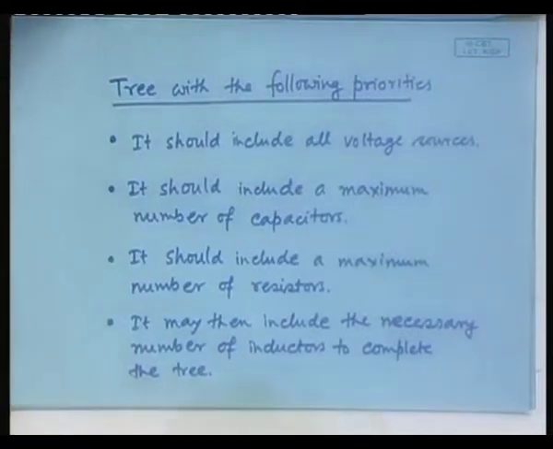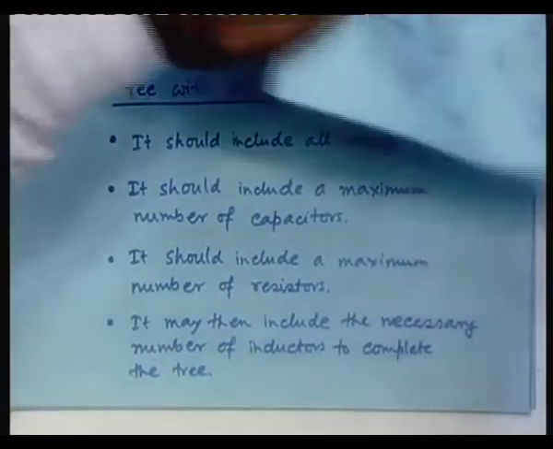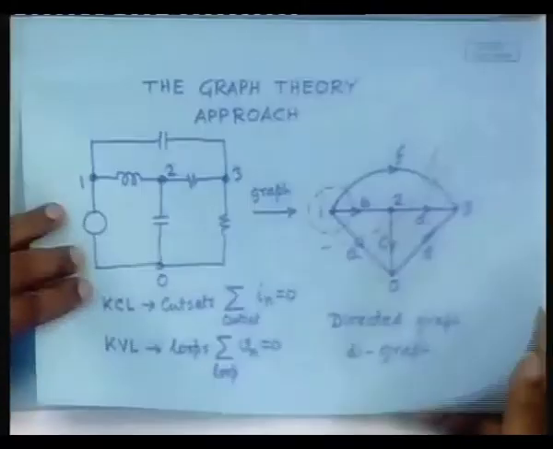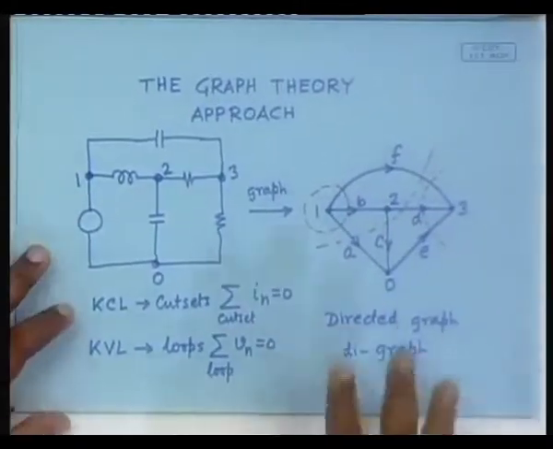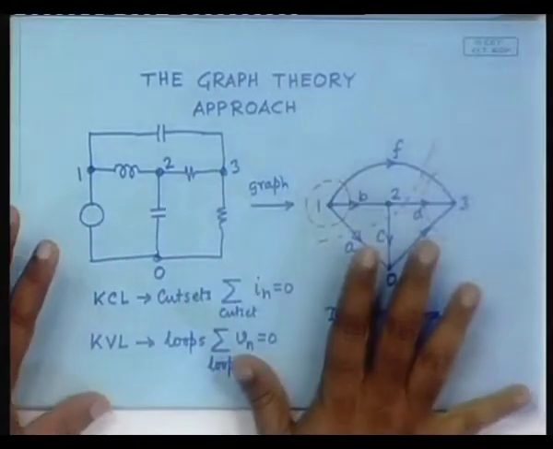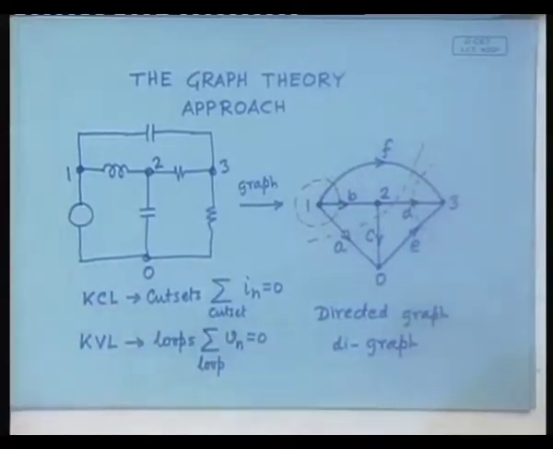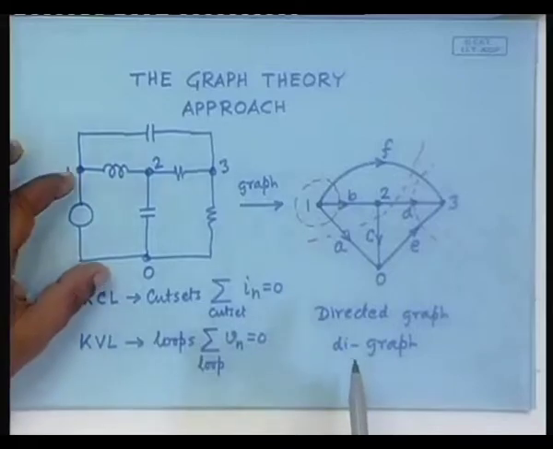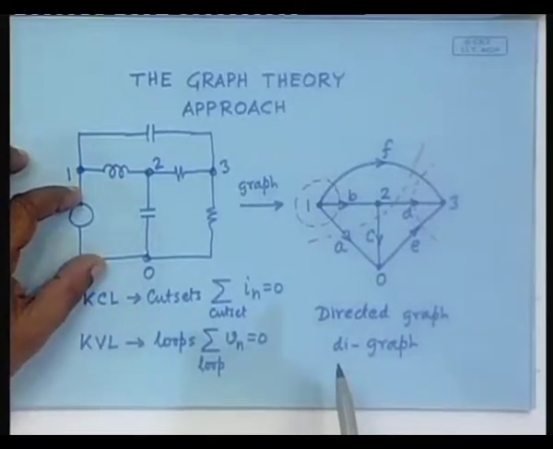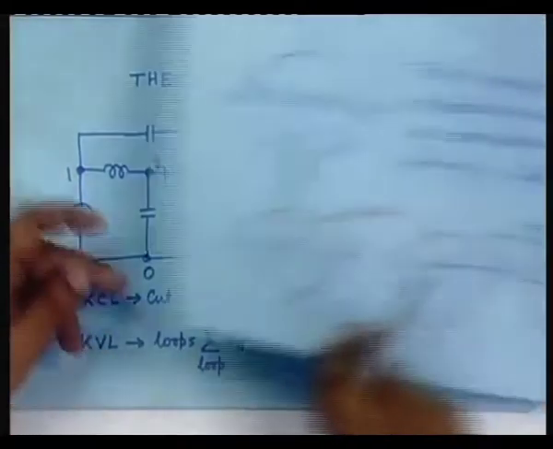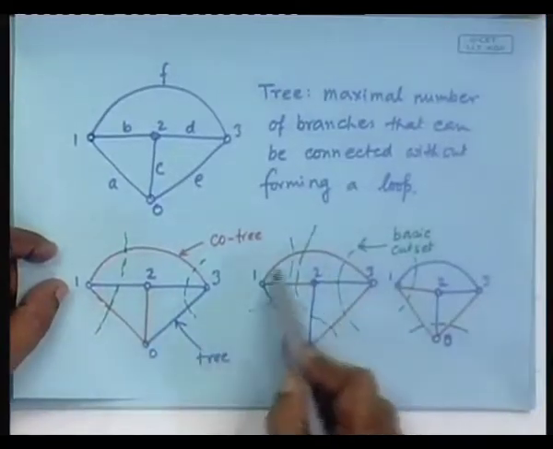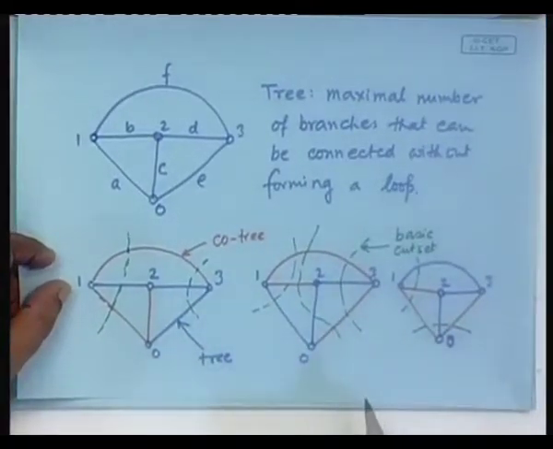Let us see what was our original circuit. It was like this. We said that there are various ways of drawing the trees. The one that we want should first include all the sources. So, it should include this. Out of the possible trees, you can see only this one includes that, right? Can you see?